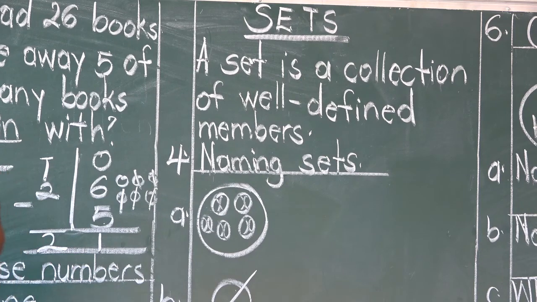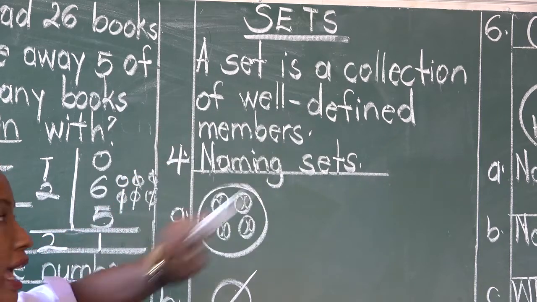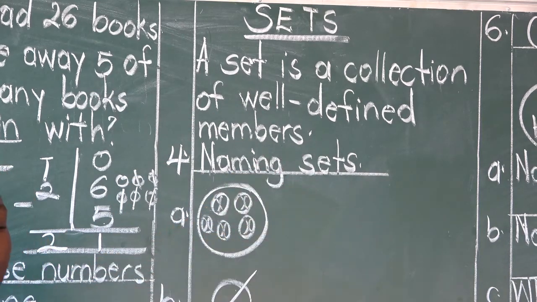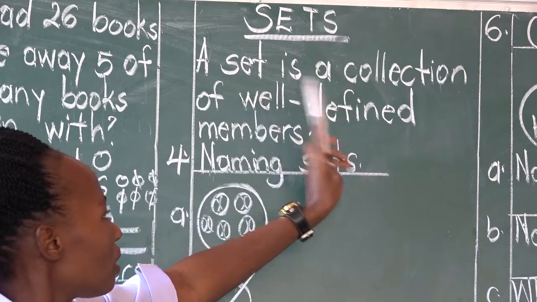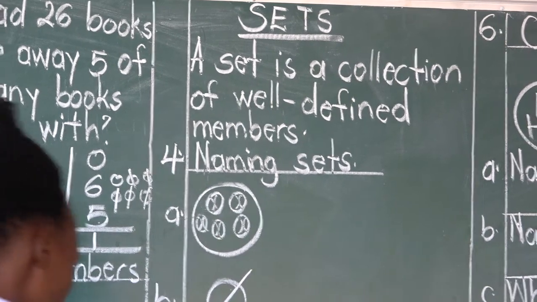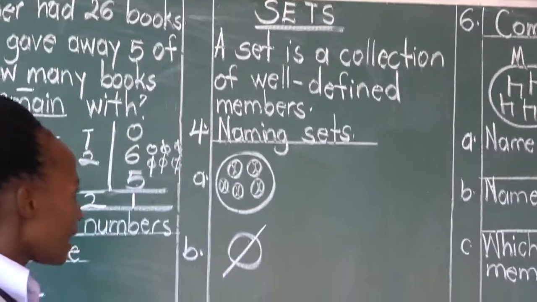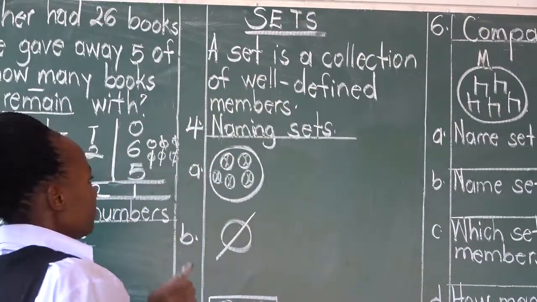Sometimes you may not say members, you can say elements. Elements is the same as members. Or you can find another person saying objects. Those answers are all right. You are free to write members, elements, or even objects.